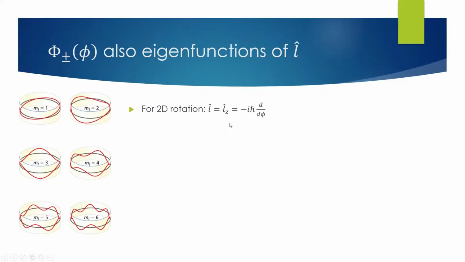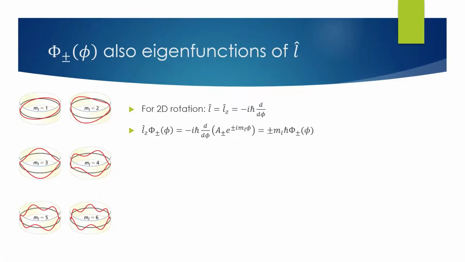The angular momentum operator for the z dimension is negative i h bar times the derivative with respect to phi. So if we were to operate on our wave function with the z component of the angular momentum, we would take one derivative of this, and we return our same function multiplied by a constant. So what does this mean?